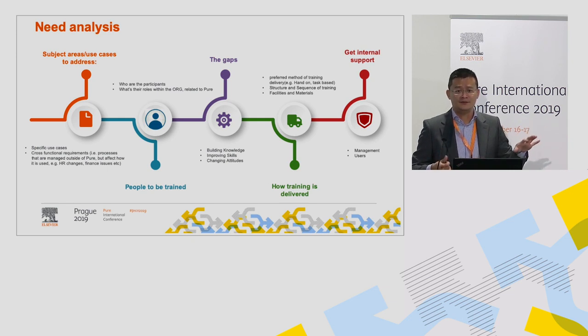Sometimes the high-level management wants to use Pure, but there's no concrete support from the middle management, and therefore the researchers sometimes say they're not interested. They are not interested because they are too busy. But somehow you need to introduce Pure properly internally, and provide incentive internally for them to start using Pure.